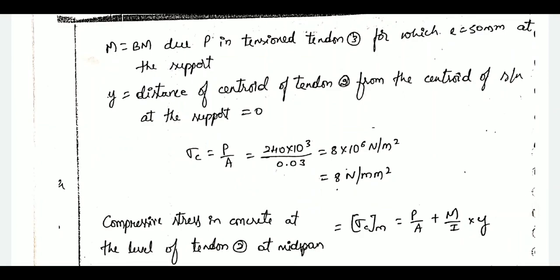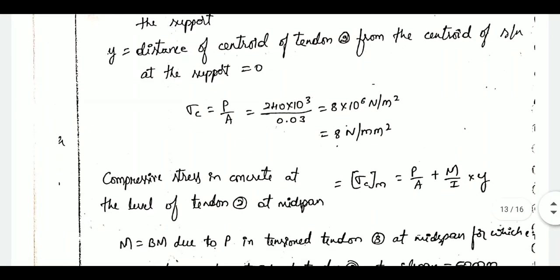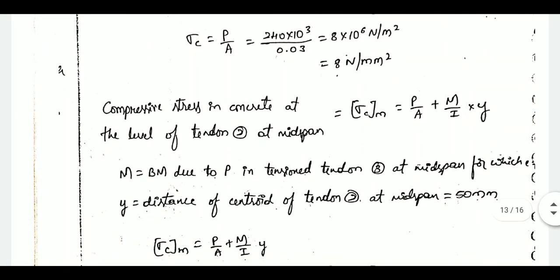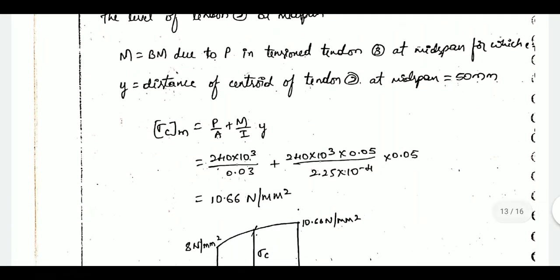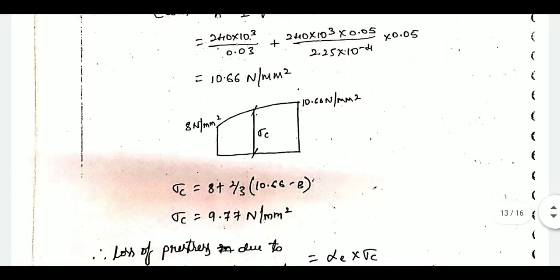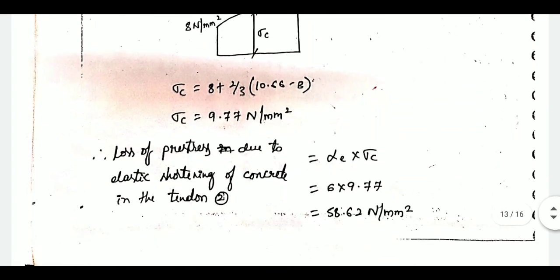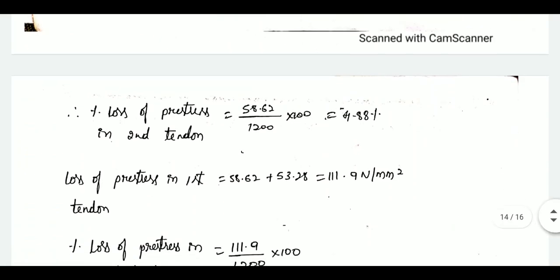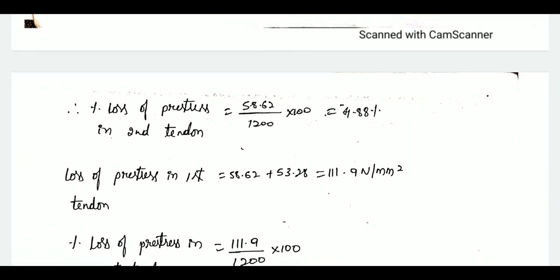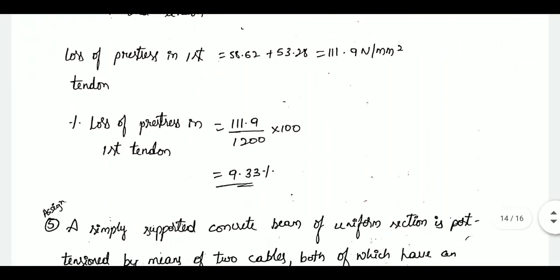Substitute the values, we will get sigma C at support. At midspan both will have the same eccentricity, so you have sigma C at midspan. Calculate the average stress, then the loss of stress, then you need to add all the things: loss in the first tendon, loss in the second tendon, and all the tendons you need to find out.